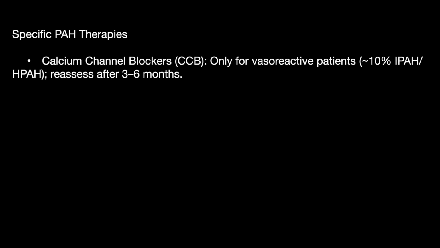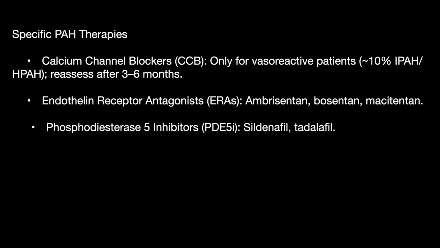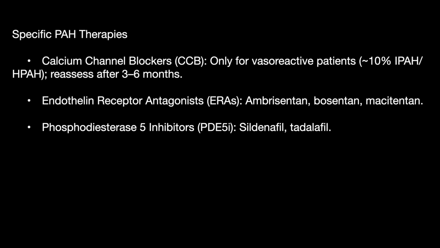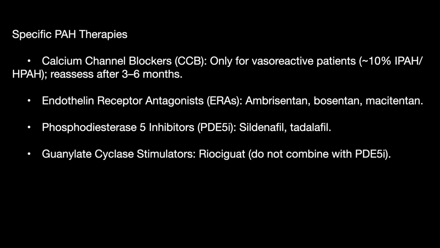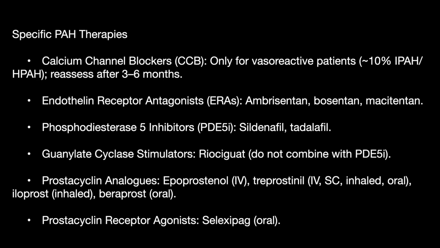Specific therapies: calcium channel blockers only for the vasoreactive ones, reassess every 3 to 6 months. Endothelin receptor antagonists, the phosphodiesterase 5 inhibitors, guanylyl cyclase stimulators; do not combine these with the phosphodiesterase inhibitors. Prostacyclin analogs, which are both inhaled and oral, and the receptor agonist, which is given as a tablet.